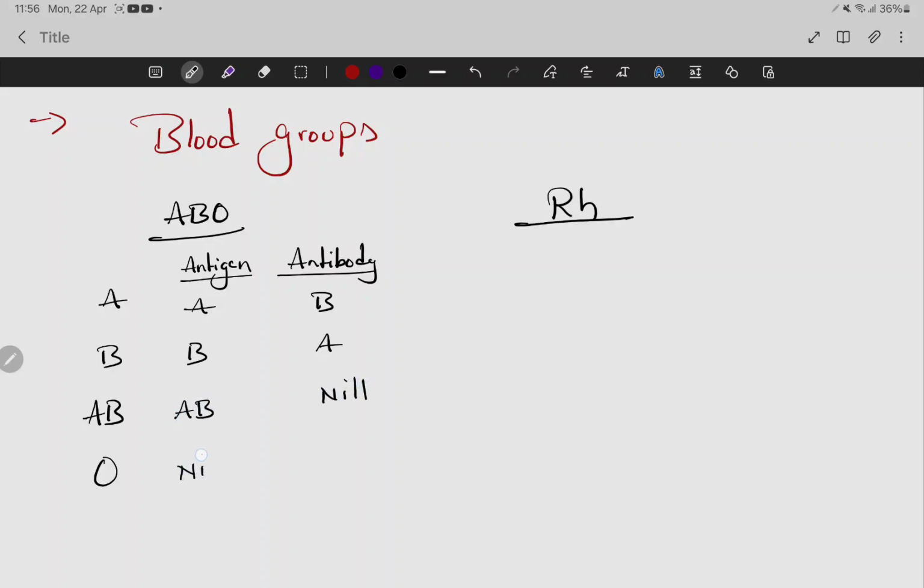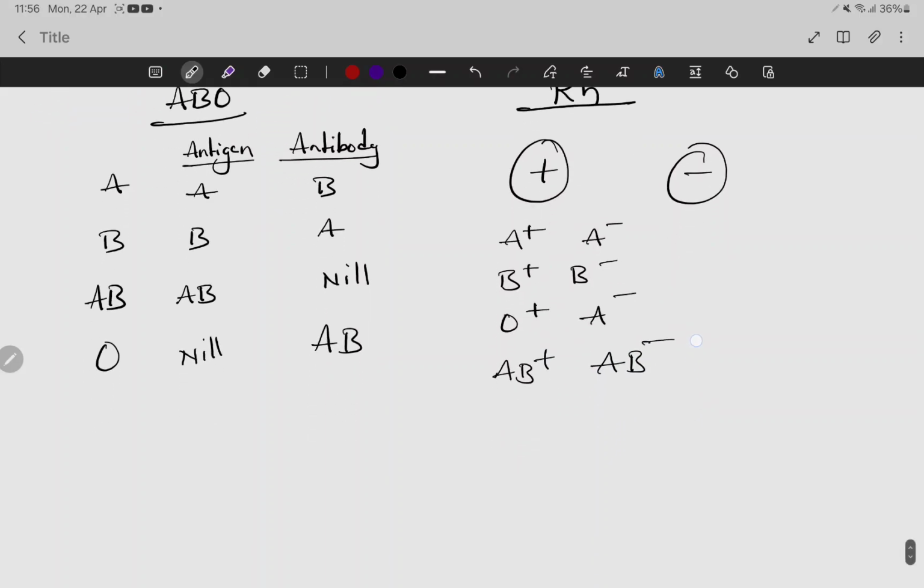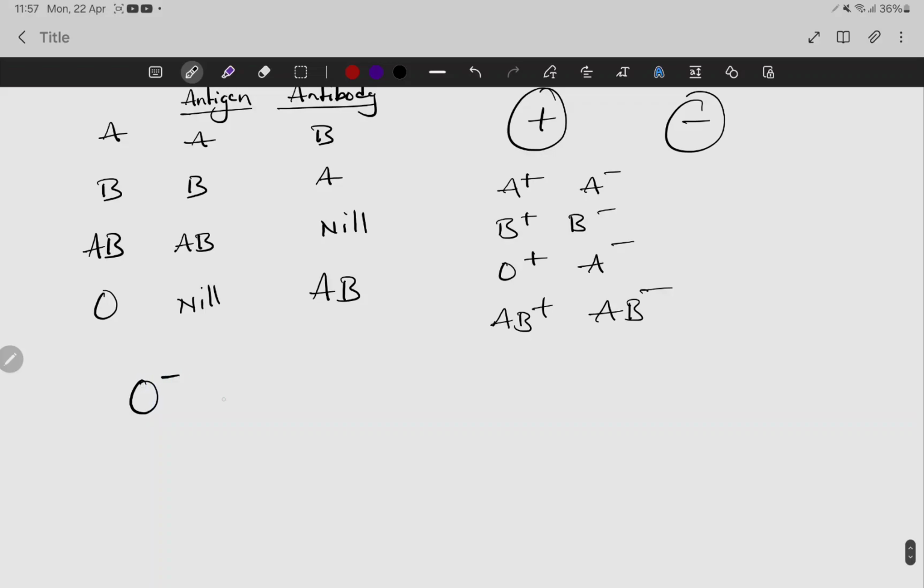And nil antigens and antibody AB. Coming to the Rh, we have positive and negative. So we have A positive, A negative, B positive, B negative, O positive, O negative, AB positive, AB negative. O negative is universal donor. AB positive is universal recipient.